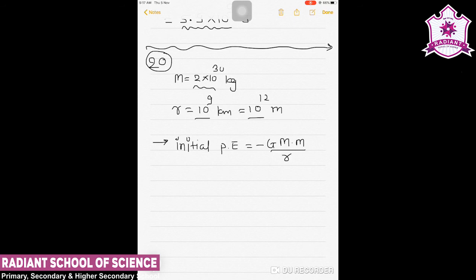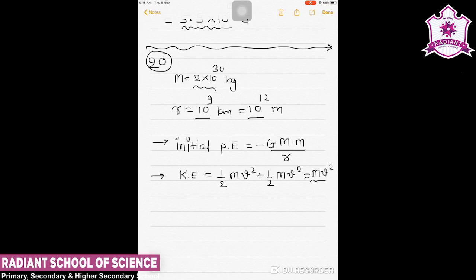Now the total kinetic energy of both stars will be 1/2 mv square plus 1/2 mv square, that is total mv square. Now v is the speed of the stars with which they collide.